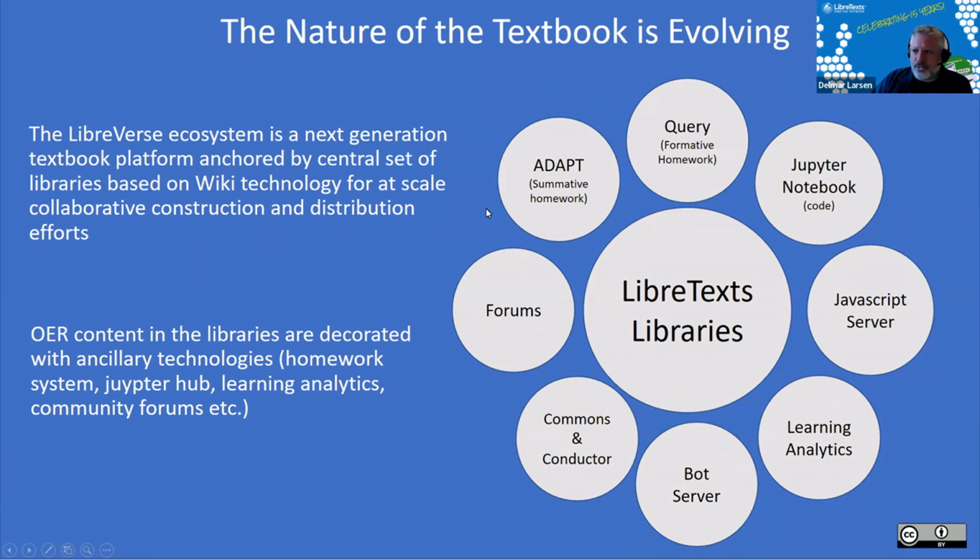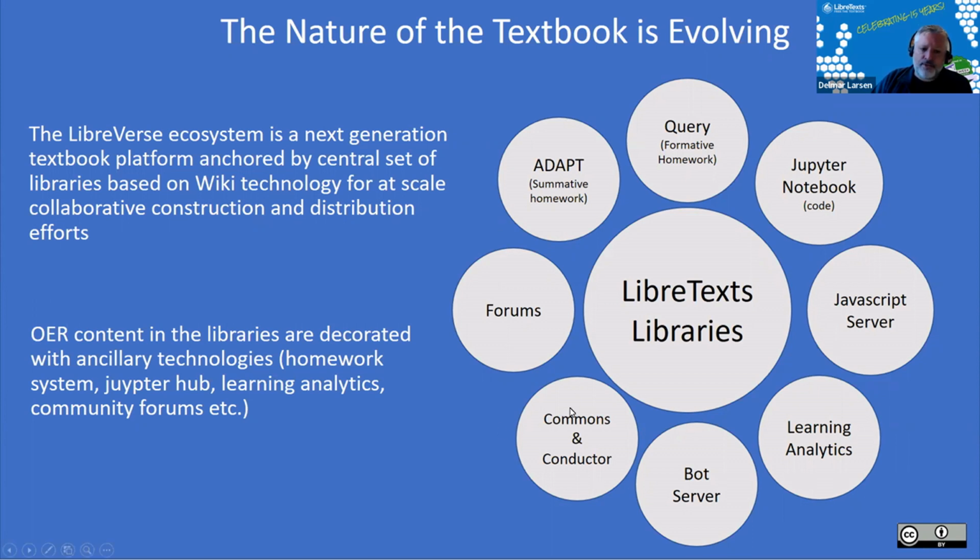This includes a homework system, ADAPT, which we'll be discussing in detail tomorrow, a Jupyter Notebook system, which gives us the ability to embed executable code into our pages, a range of other JavaScripts that we have stored for faculty to use, and a learning analytics infrastructure to evaluate how students use the resources, whether it's the homework system or the textbook, in order to give actionable information on evaluating the efficacy of the book or the pedagogy of that book.